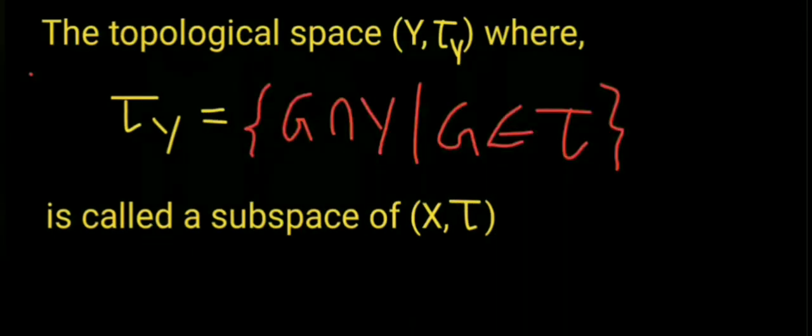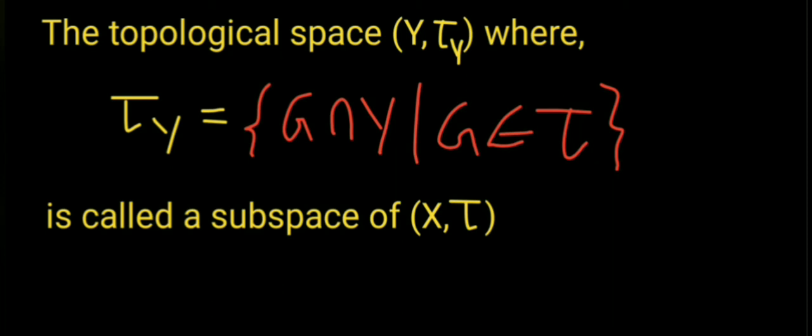The topological space (Y, tau Y), we are calling it a topological space as simple tau or tau Y is the topology on the set, and collectively Y and tau Y are called a topological space.